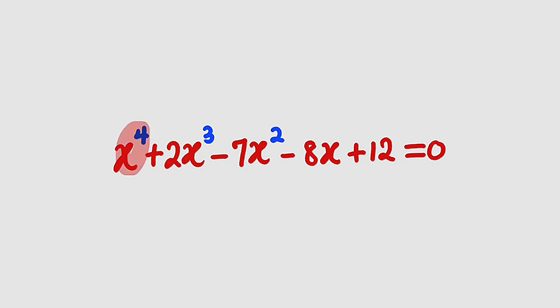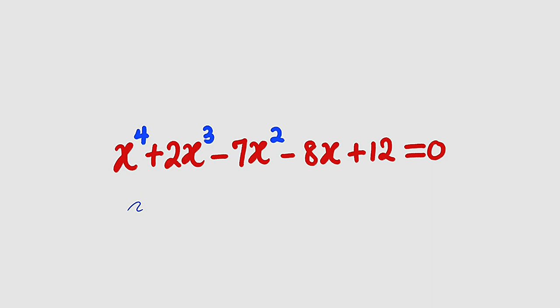If I wish to group this by another term, I will make sure that if I take this and divide by that term, I will get the same value as when I take the other one and divide by the subsequent terms. So since I have the leading coefficient of x to the power of 4 to be 1, I would like to get another term here that will have a coefficient of 1, but with an exponent of 3.